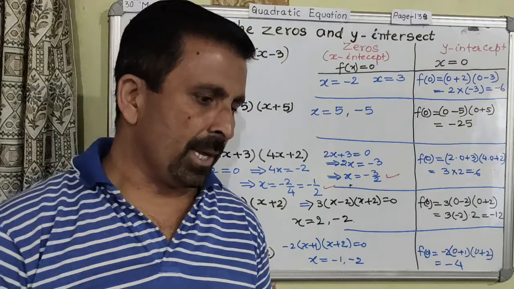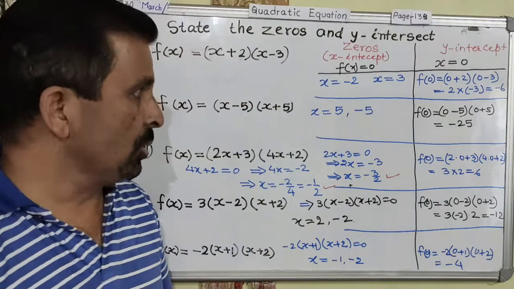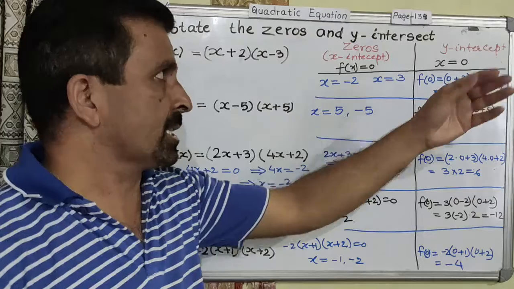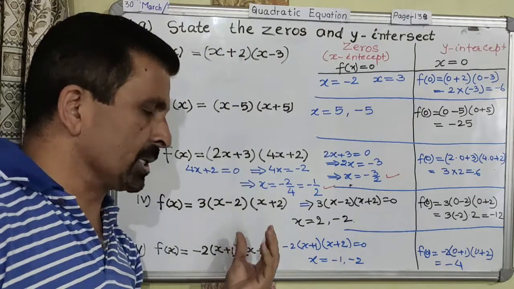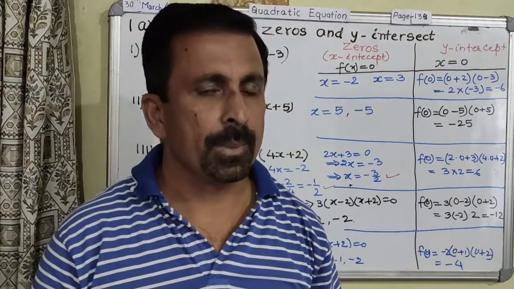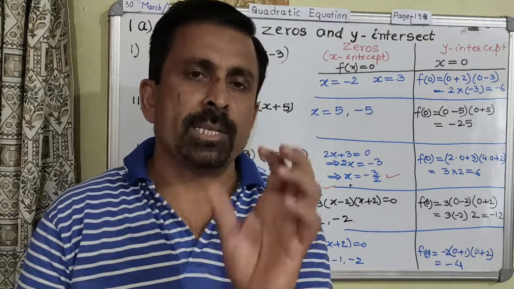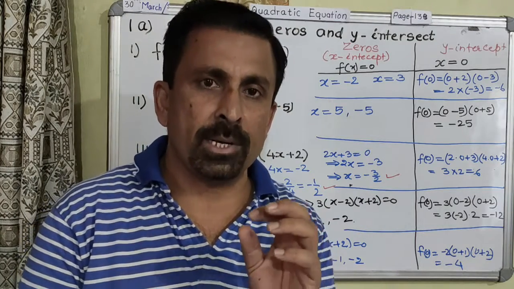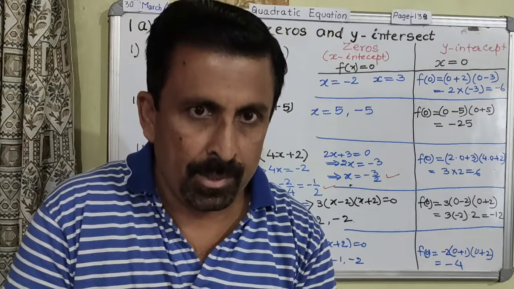So from this part we have understood how to calculate the zeros or the y-intercept for the quadratic equation in the factored form. Clear? Now a quick summary of the graph of our quadratic equation in the factored form.